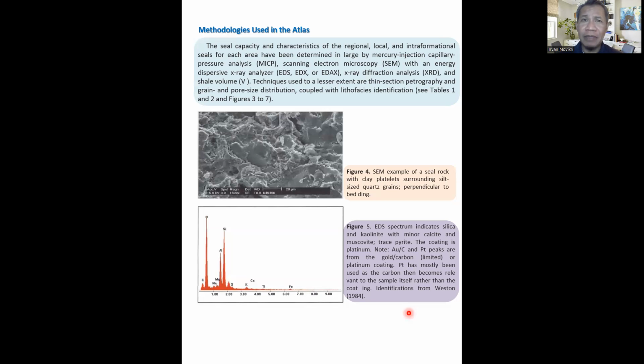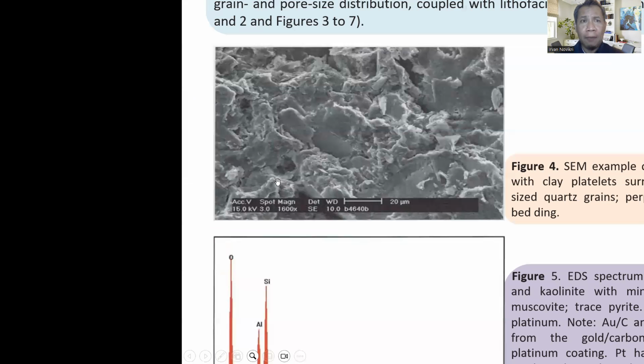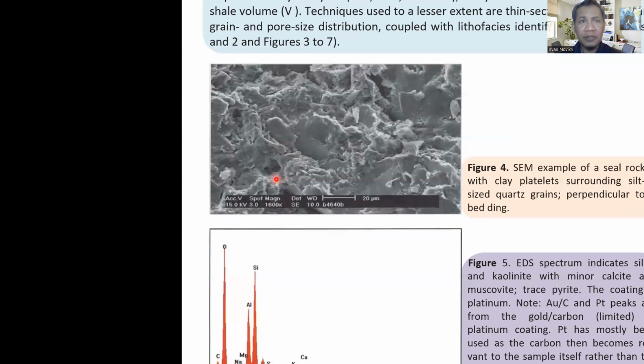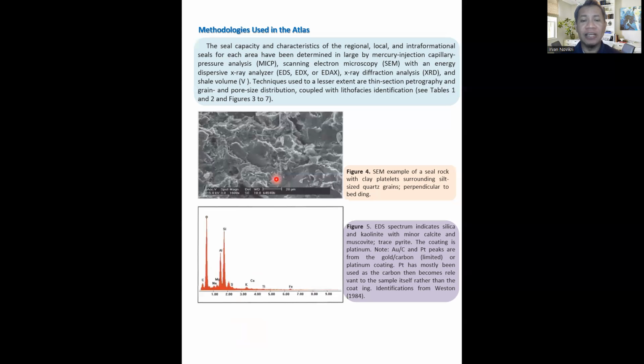As we can see in a bit more detail, zooming in on figure number 4, I believe. The description of the scanning electron microscopy example of the shale rock shows clay platelets observed surrounding silt-sized quartz grain. The arrangement of the clay platelets is perpendicular to the bedding of the rock.